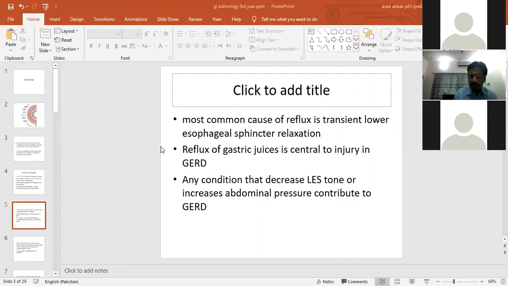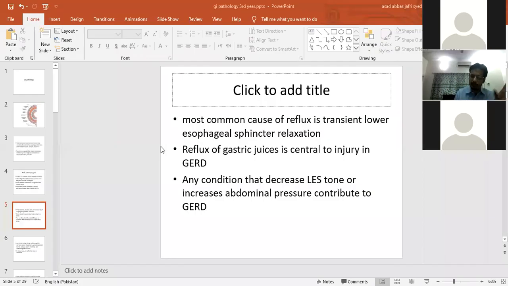Any condition that decreases lower esophageal sphincter tone or increases intra-abdominal pressure contributes to GERD. So conditions that chronically increase intra-abdominal pressure will predispose you to have GERD.